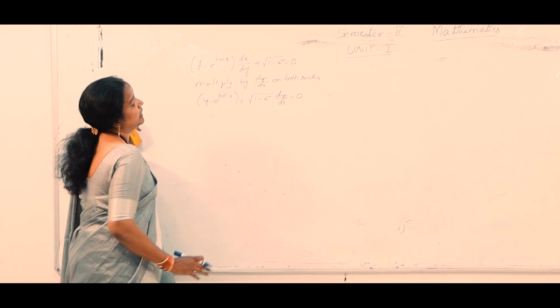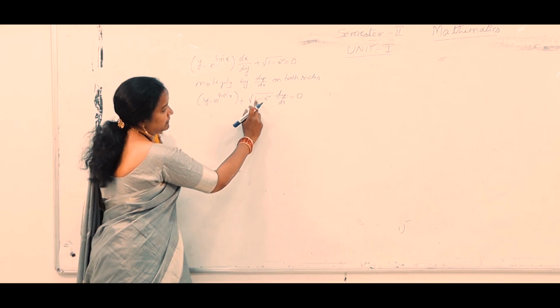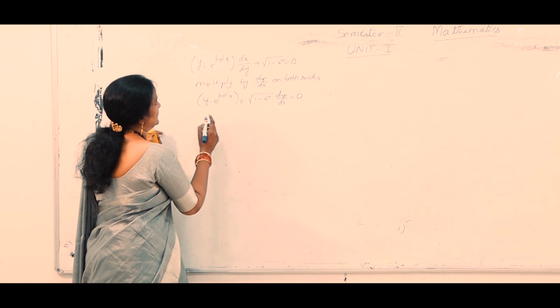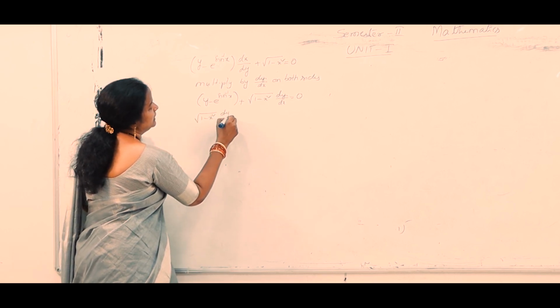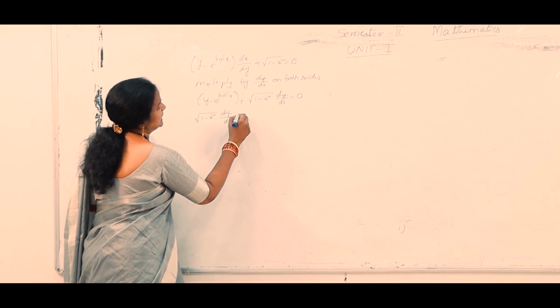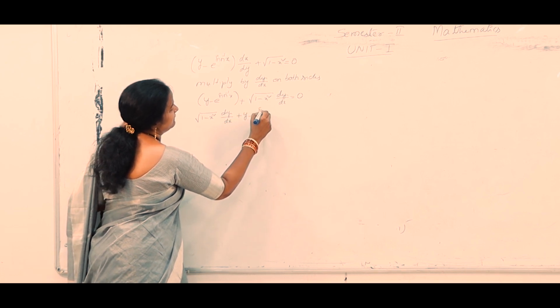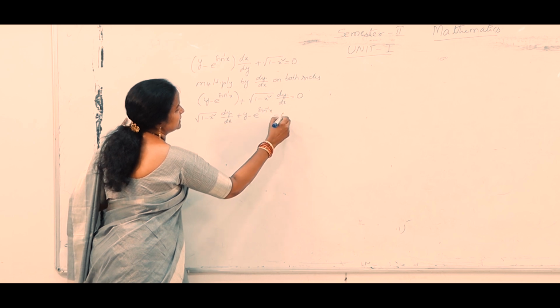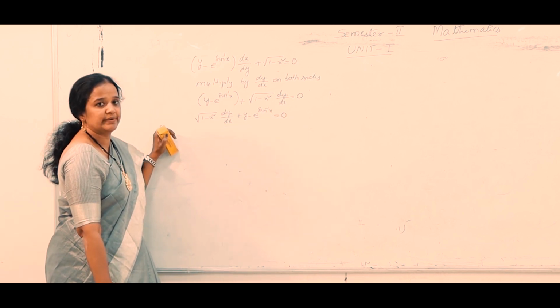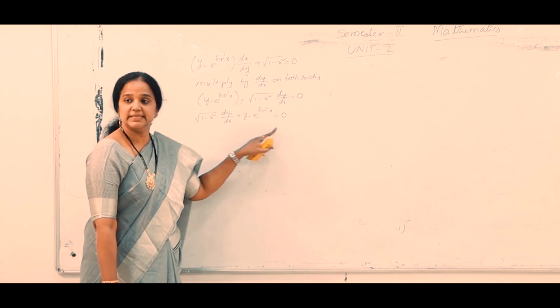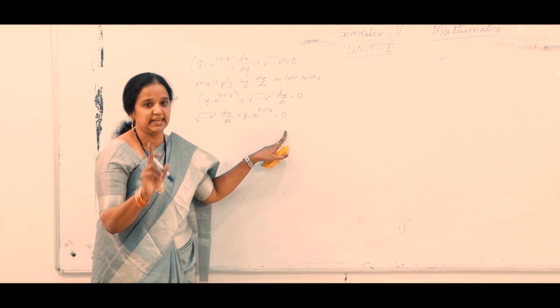Now we write root of 1 minus x square into dy by dx first. So root of 1 minus x square into dy by dx plus y minus e power sin inverse x is equal to 0. So what is the q of x value? From this equation, q of x means only x terms.